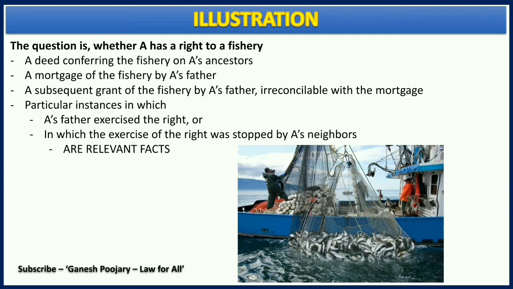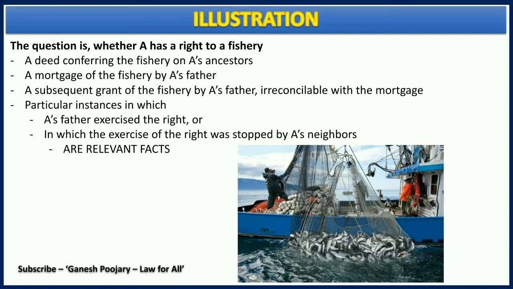Here there is a question whether A has the right over a fishery or not, and this is a beautiful illustration where we are seeing three transactions and then two instances. In the first three transactions, what comes as evidence? The first one is that A's ancestors were doing fishery and for that a deed is available. That deed confers the fishery right on A's ancestors.